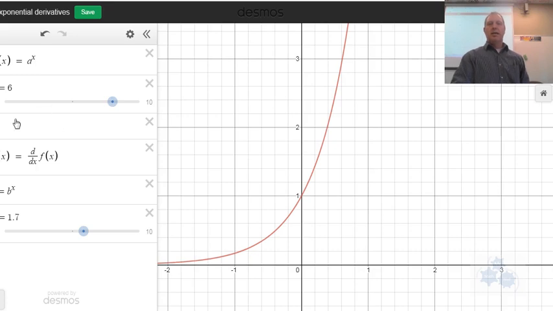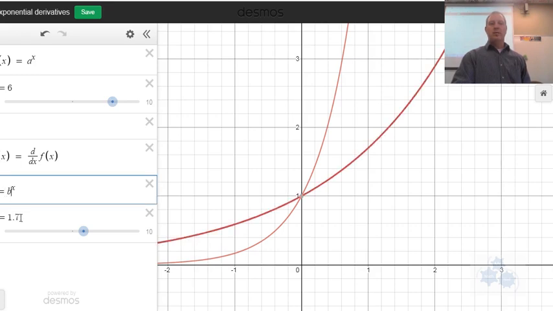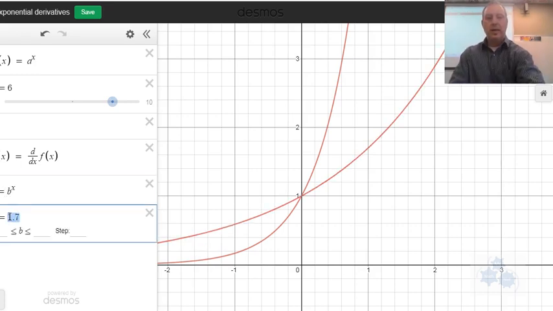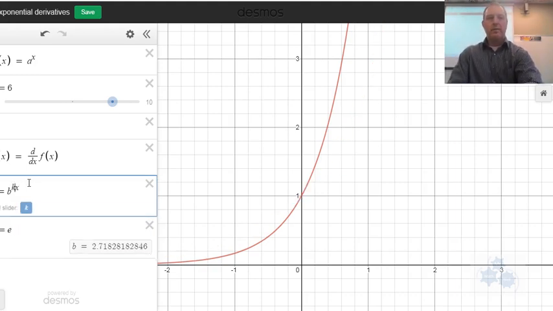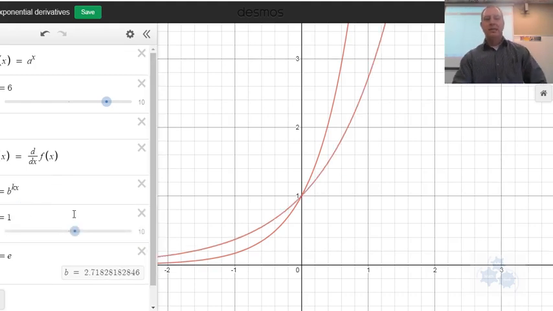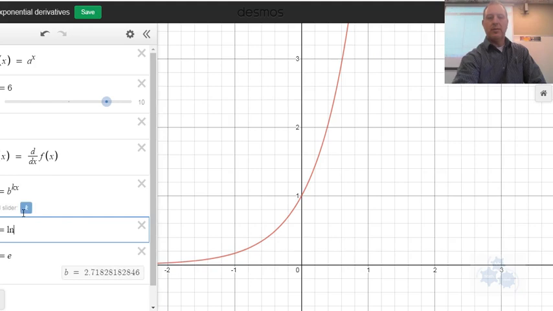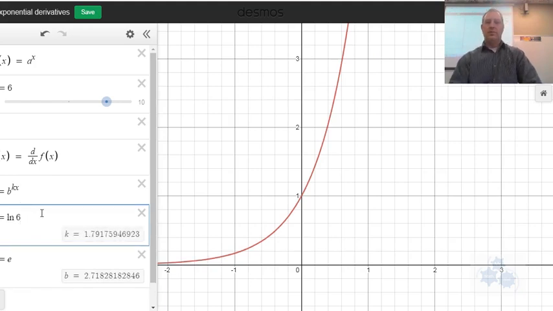But if I were to now say y equals, I'm going to make the b equal to e, right here. And I'm going to make some kind of constant k, and I'm going to make k equal to ln of 6. Yeah, ln of 6.